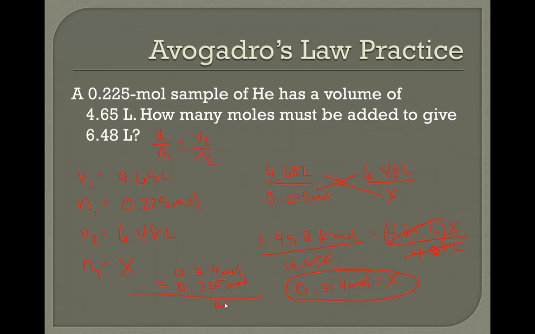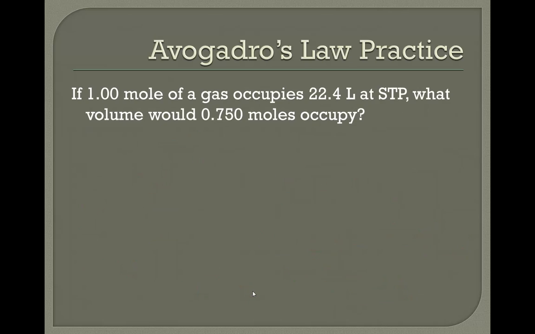And we're going to have one last example. If 1 mole of a gas occupies 22.4 liters at STP, what would the volume be at 0.75 moles? So V1, N1, V2, N2. V1 is 22.4.